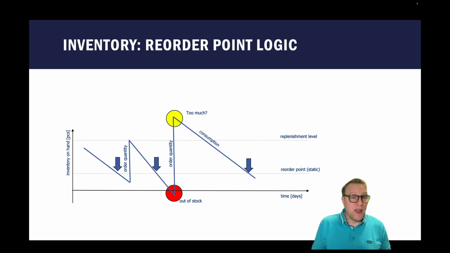That's the red cycle. And then, of course, you rush into new orders, and maybe you order twice as much as usual, and then maybe you have stocked too much, because remember, if you are stocking too much, either you get into space restriction or again this kind of bound capital.